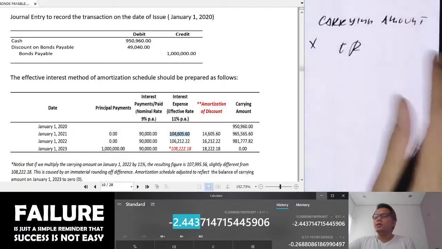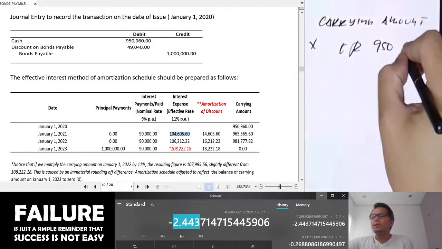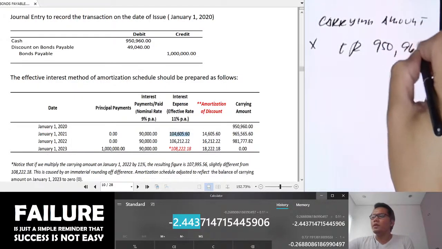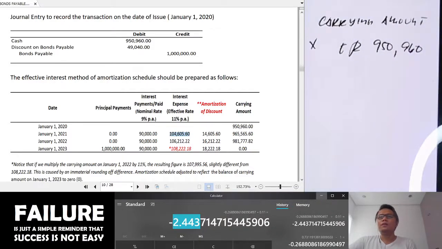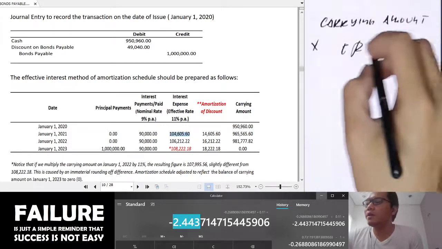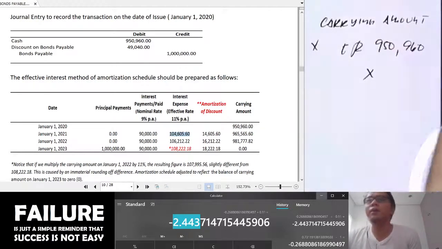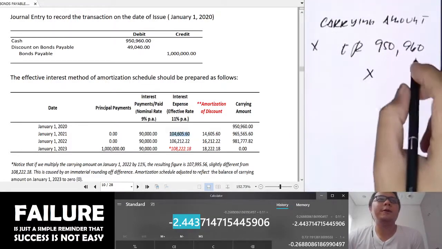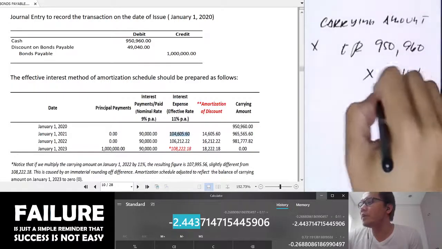Your carrying amount, that is 950,960, multiplied by your effective rate of 11%.